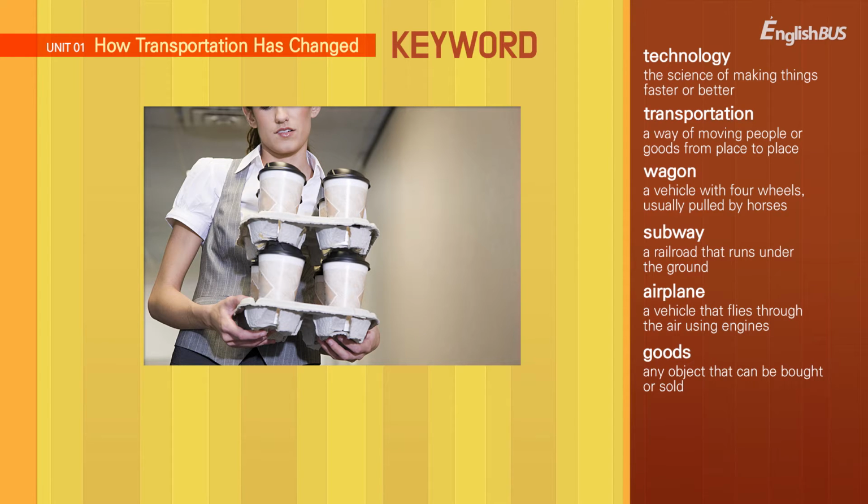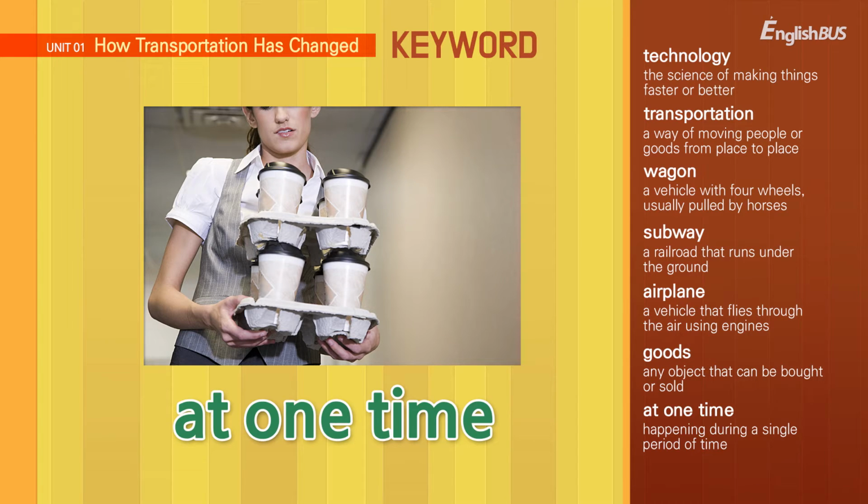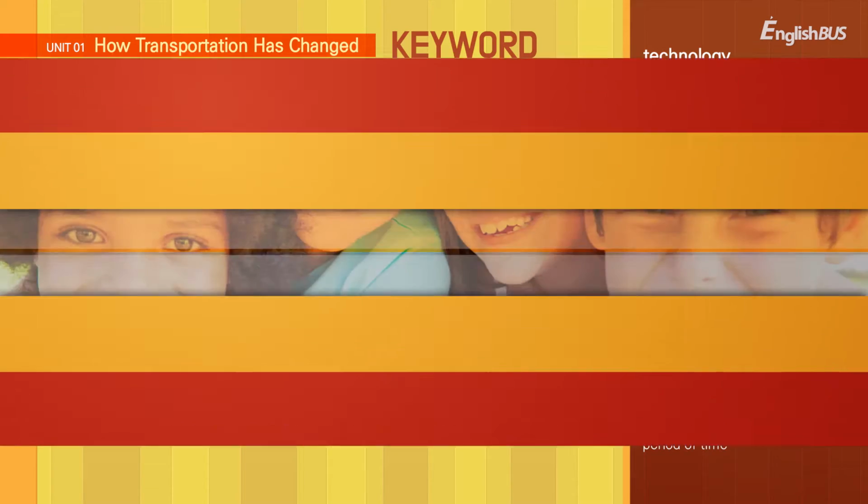When we use this phrase, we say that something is happening during a single period of time. So this woman is not carrying 1 or 2 cups, she is carrying them all at one time, all together. Okay? Nice job.